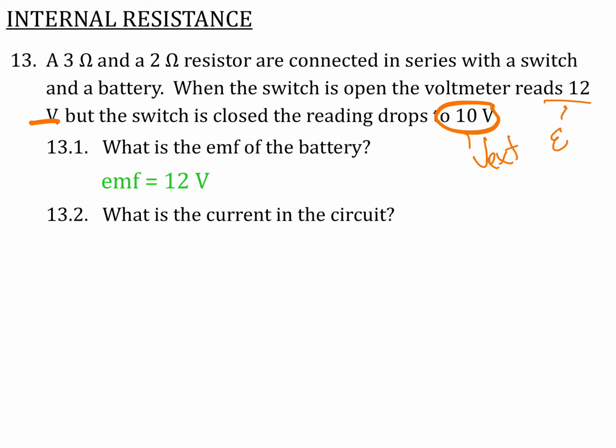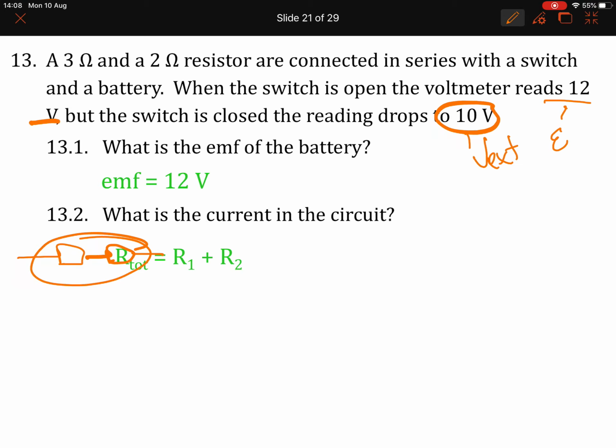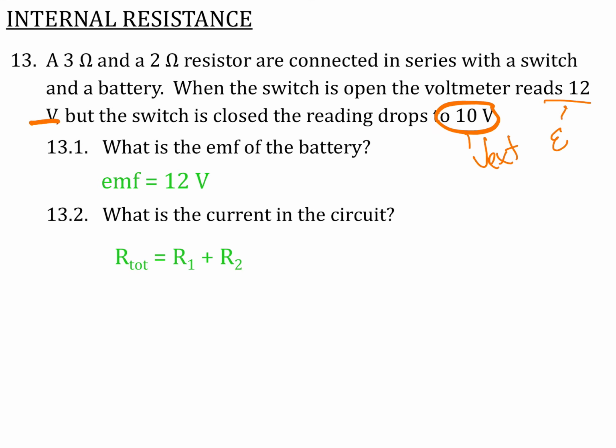What is the current? So now remember, I've got two resistors in series. In series, we simply add them together. Okay, so let's keep going. So R total would be R1 plus R2, straightforward adding. Why?